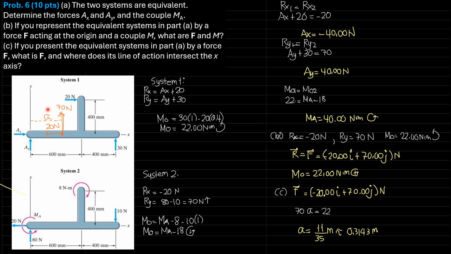The moment of the resultant about the origin is obviously counterclockwise also. So it is Ry times A because Rx passes through the origin. So 70A counterclockwise is equated to 22. Then A is 22 over 70, or 11 over 35 meters. In decimal, it is 0.3143 meters. So that's it for this video.